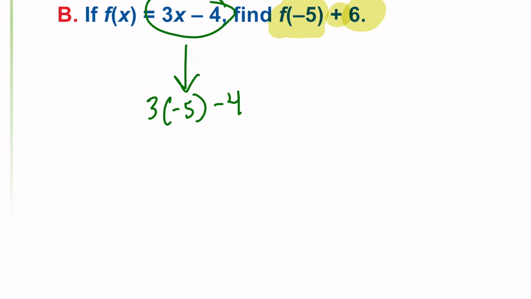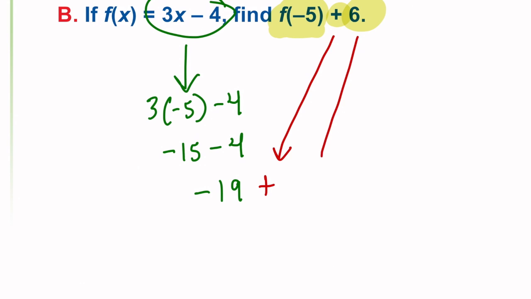So we have 3 times negative 5 minus 4, just like we did on the other problems. So 3 times negative 5 is negative 15, and then minus 4 will be negative 19. And then don't forget that we still have to add the 6. So we have negative 19 plus the 6, and once we do that addition, we'll have the final answer.